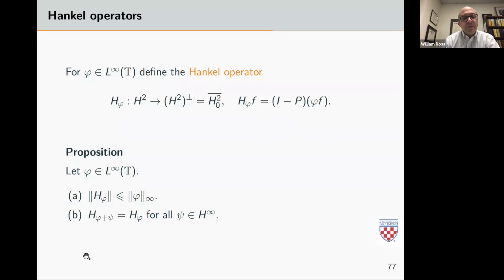Now, as I mentioned before, I could perturb the symbol of a Hankel operator by an H infinity function, and the Hankel operator doesn't change. So this norm is usually not going to be equal. Okay, so this is a very interesting little fact here.